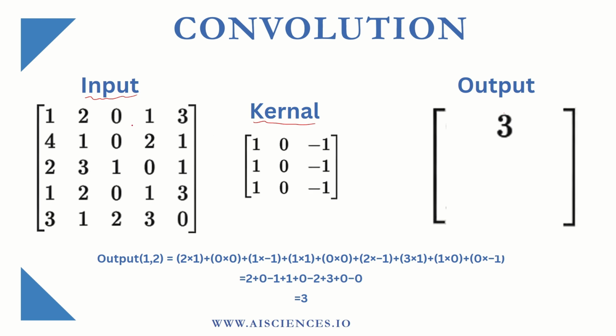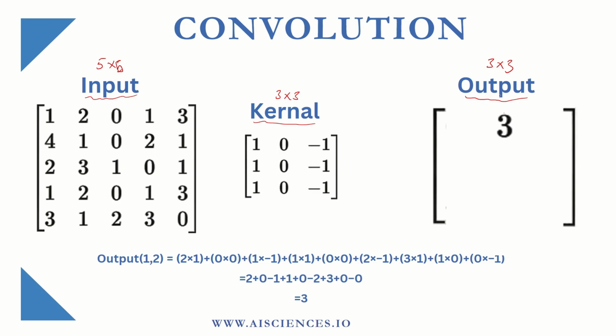Okay, first things first. Here we have an input, here we have the filter or kernel, and then here we have the output. You might be noticing that the size of input and output are not matching. Input has 5 into 5 size, which means we have 5 rows and 5 columns, whereas output is expected to be 3 into 3. Why? And remember, our kernel is also 3 into 3.